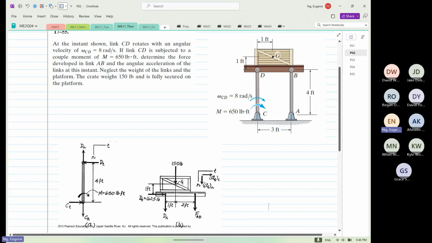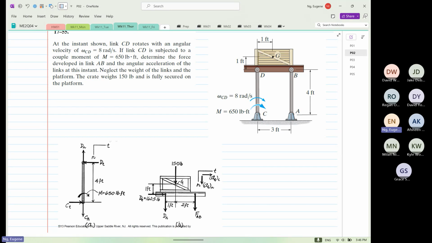At the instant shown, link CD rotates with an angular velocity of omega CD equal to 8 radians per second.